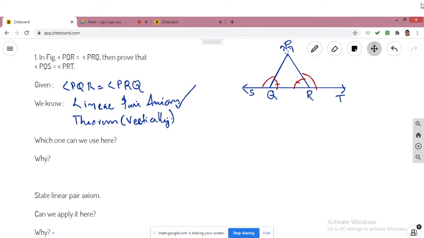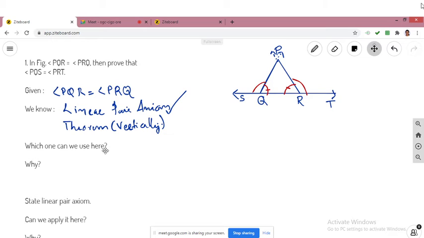So, we are using linear pair axiom here. Tell me, how will we apply it here? Which ray are we taking now? Which are the adjacent angles we are getting now? Angle Q and angle S, ma'am.